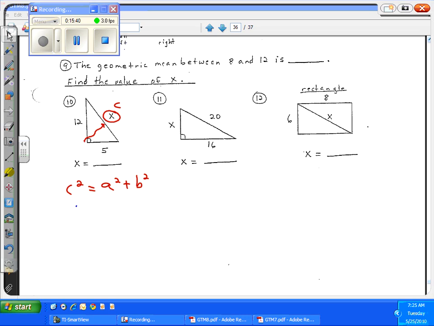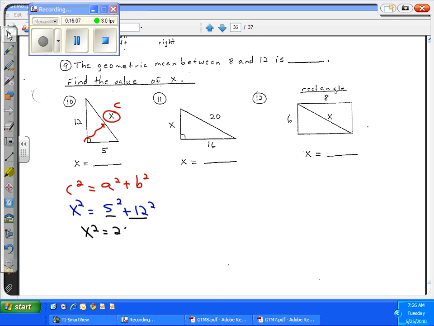So the hypotenuse C, which is X squared, is equal to one leg 5 squared plus the other leg 12 squared. Got ahead of myself a little there, didn't I? So to solve, we're going to do the addition.